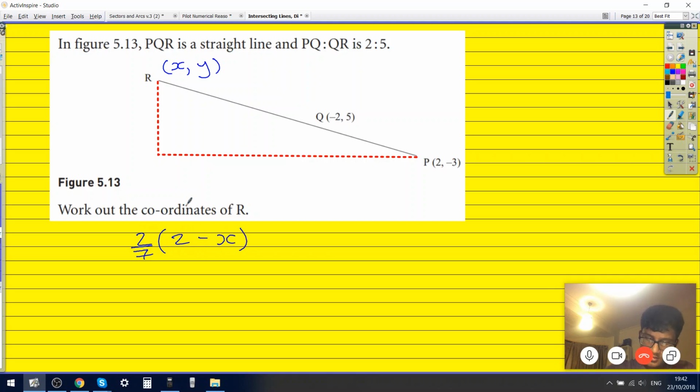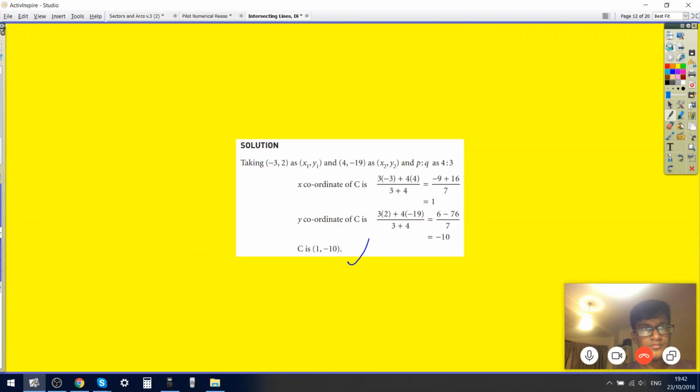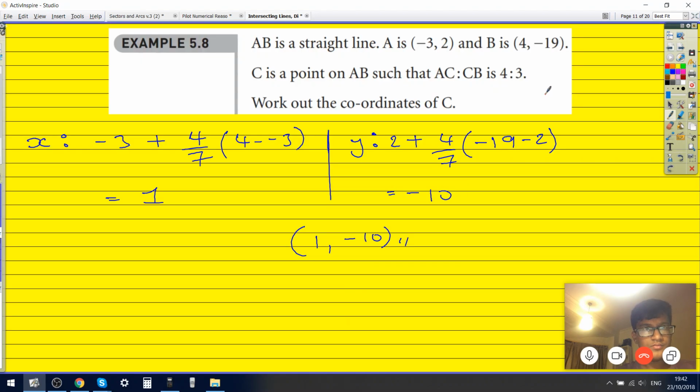So it's the ratio times the difference, and then what would you do once you get that? So we'll say that equals -2. But there's something missing. That gives you how much it's going to move across. On our previous one, what was before the fraction?